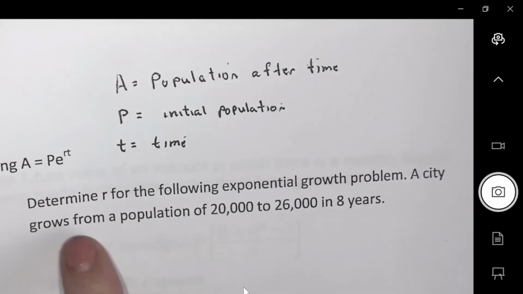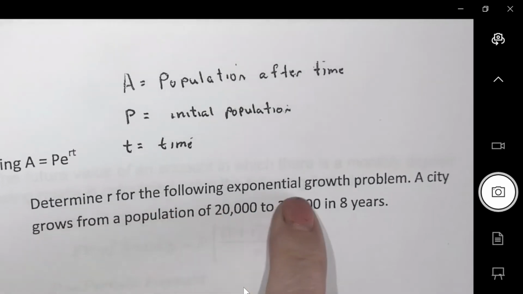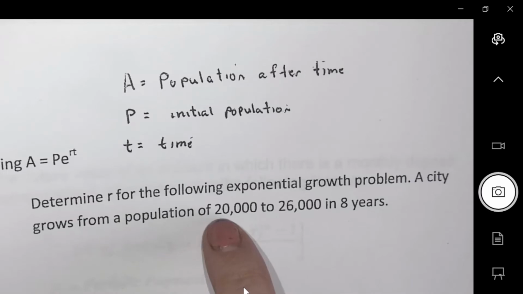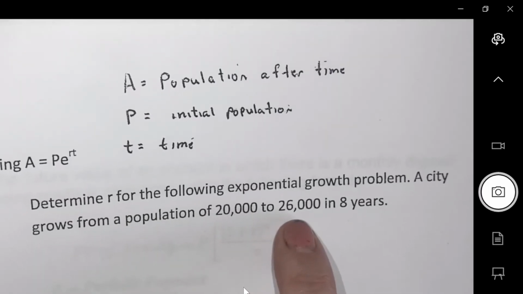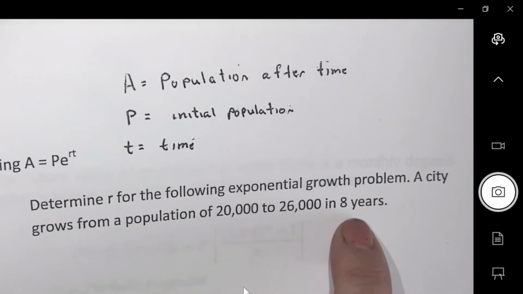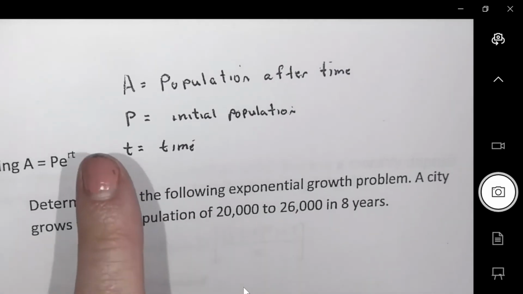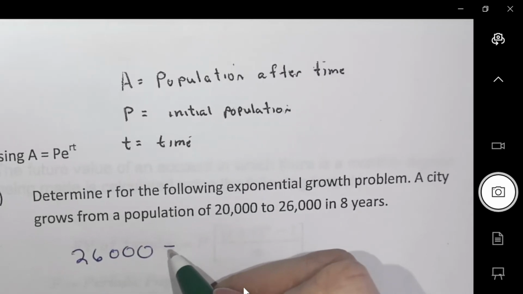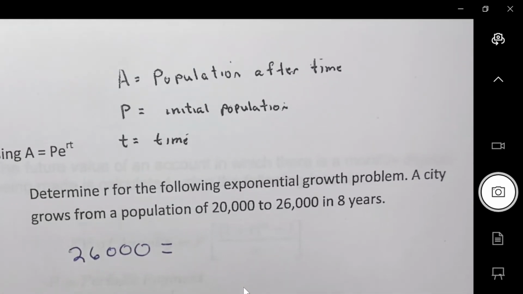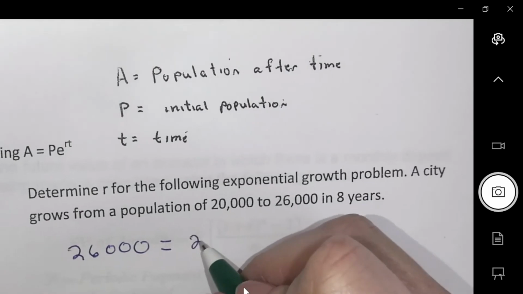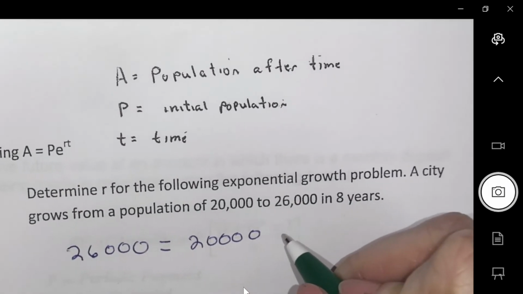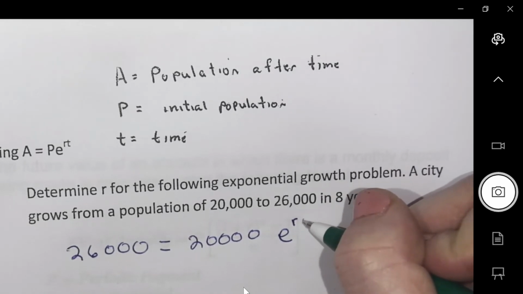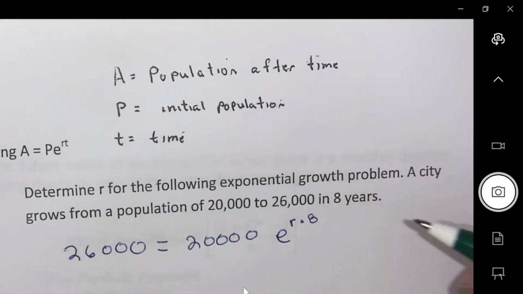Here's our formula. Determine the rate for a city of growing population. So it went from 20,000 to 26,000 in 8 years. So A is the 26,000. P is the start, so 20,000, times e to the r, don't know, times time 8.